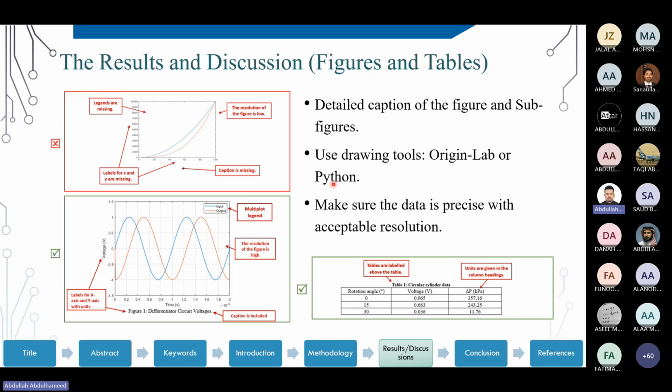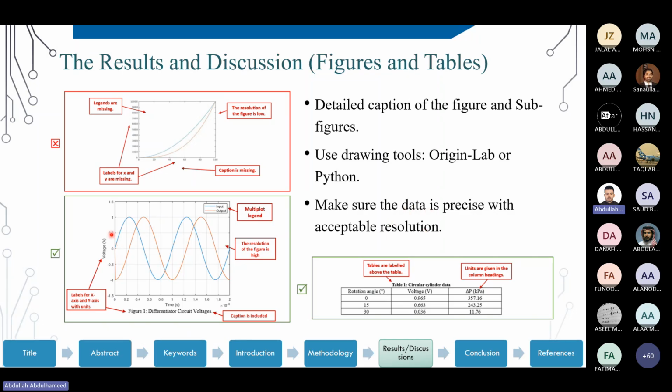Python, I saw some people using Python or MATLAB for drawing, but these are, for me, quite complicated. I just use Origin. Maybe we can do a lecture or a webinar on Origin Lab some other time. Make sure that data is precise with acceptable resolution. This is also very important.